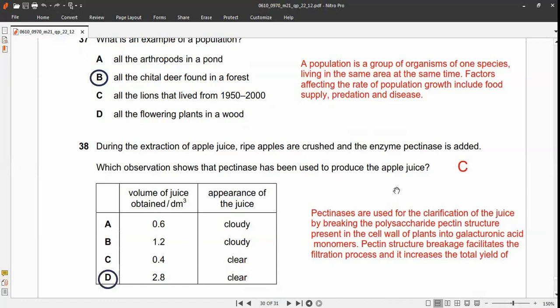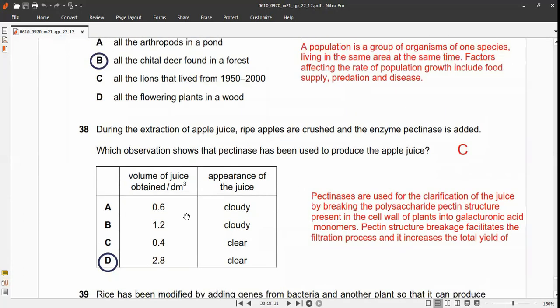Pectin structure breakage facilitates the filtration process and it increases the total yield of juice. So here, the volume of juice obtained is more, because it increased the total yield of juice. And also the appearance of juice, yes, it's clear, because pectinase is used for clarification of the juice.